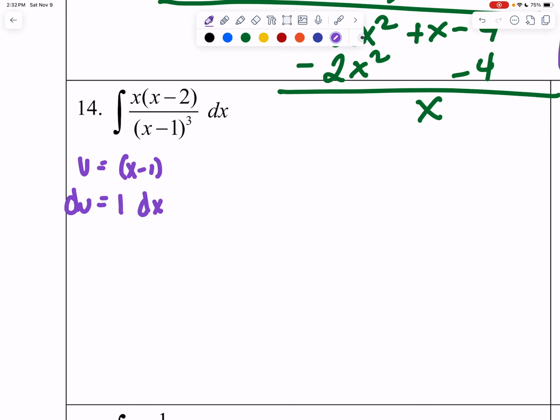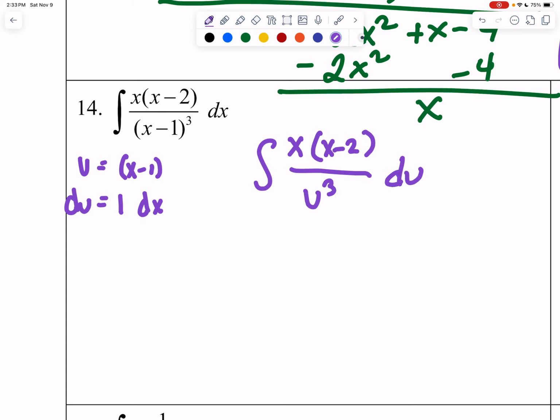Well, here's my problem. If I have u to be x minus 1, I'm going to have the integral of x minus 2, and then u to the third power du.